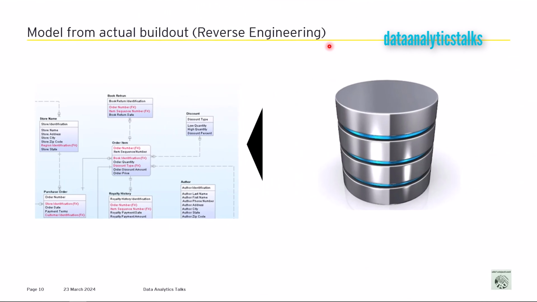Moving on, let's look into what is reverse engineering. This is building the model from the actual build out. Suppose there is no documentation available. You are asked to do a current state assessment, and you know the system is huge. How do you get the details of the database?